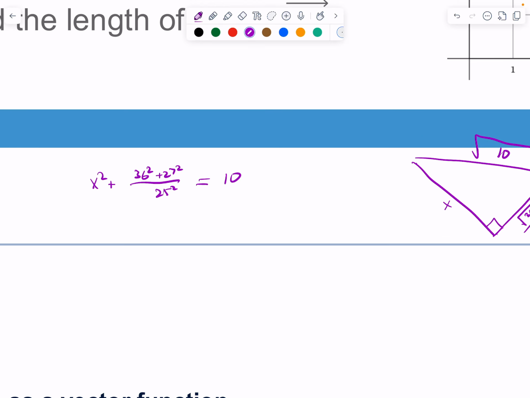Oh, boy. Well, so this will be 10 times 25 squared minus 36 squared minus 27 squared. So square root of that.